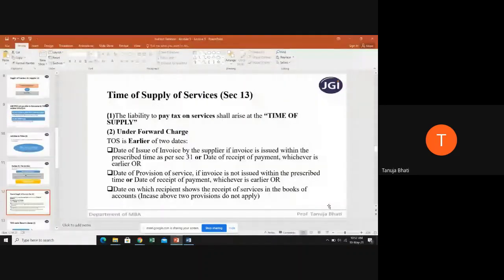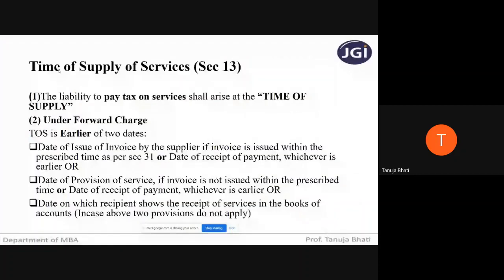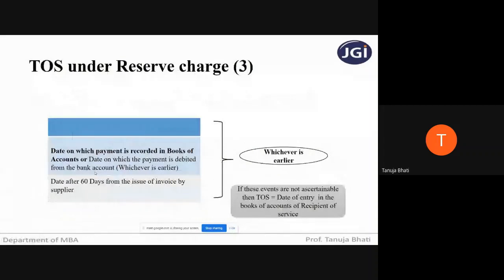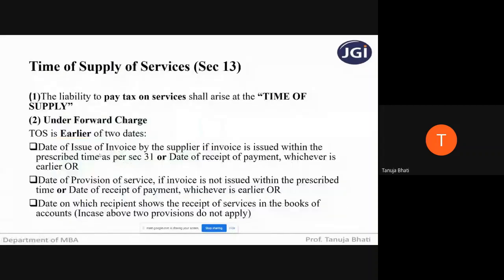So here what we have seen, students, is time of supply of services, section 12 subsection 2 clauses A, B, C. First, if the invoice is issued within the prescribed time, as per section 31, what is going to be the time of supply? The date of receipt of payment or date of issue of invoice, whichever is earlier. Now what is the prescribed time? For a normal supplier, it is 30 days from the date of provision of service. In case of banks and non-banking financial institutions, it is 45 days from the date of provision of service.